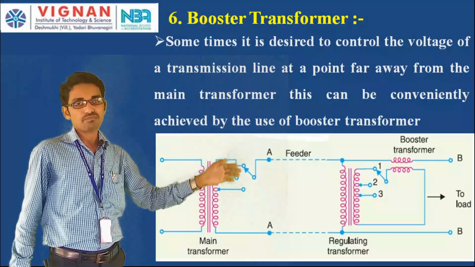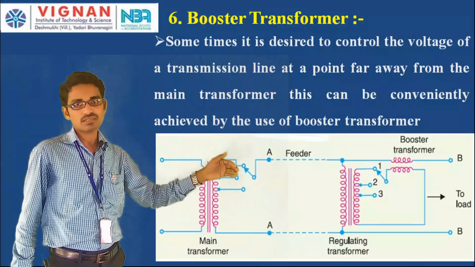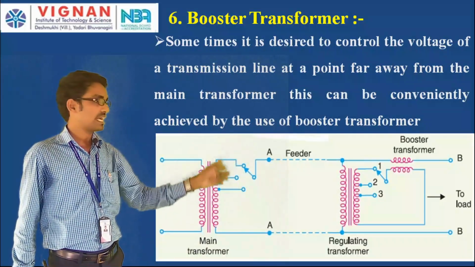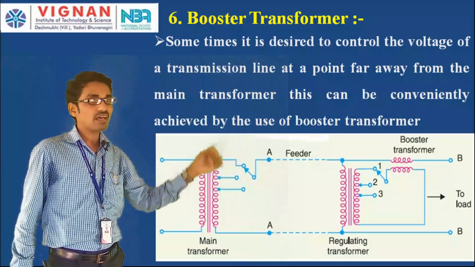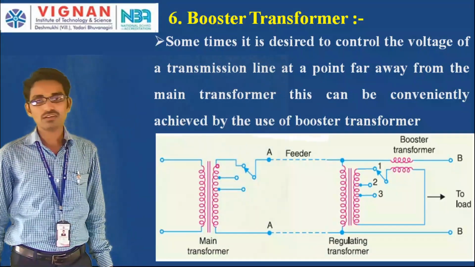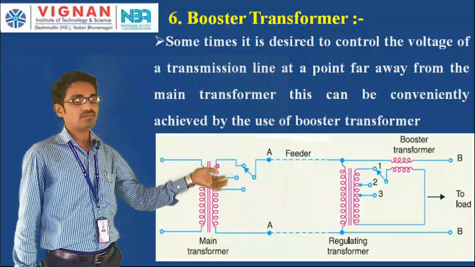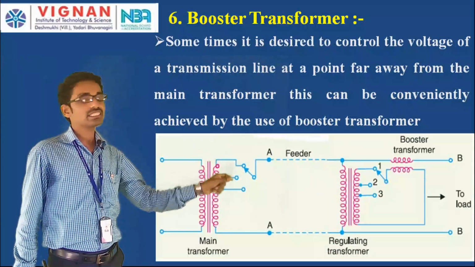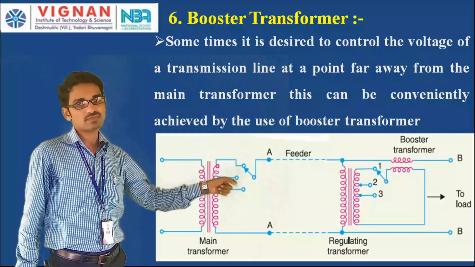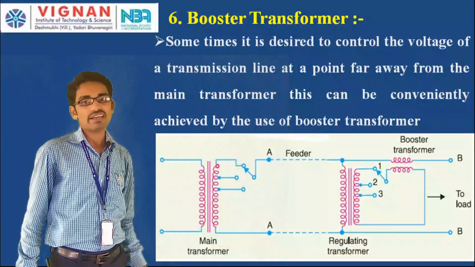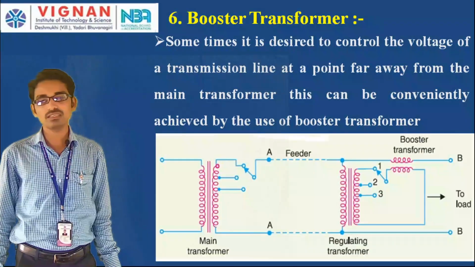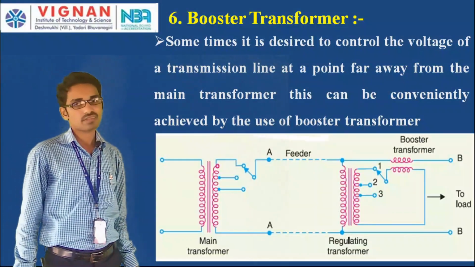For the secondary of the booster transformer, we provide the connection from the tappings of the regulating transformer, that is, the tapped secondary of the regulating transformer. We provide the booster transformer connection there.